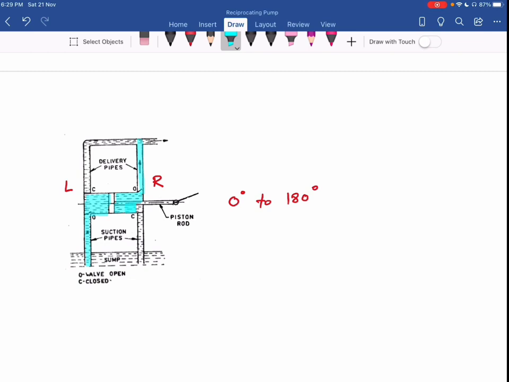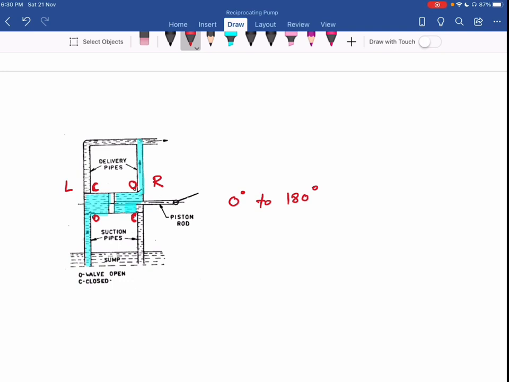So during this stroke, on one side we have the suction stroke, on another side of the piston we have the delivery stroke. Now during this, you can see my this suction valve is open. Okay, we have two suction valves. This suction valve is closed. This delivery valve is open, and this delivery valve is closed. Okay, so this is what happens when crank rotates from 0 to 180 degree.